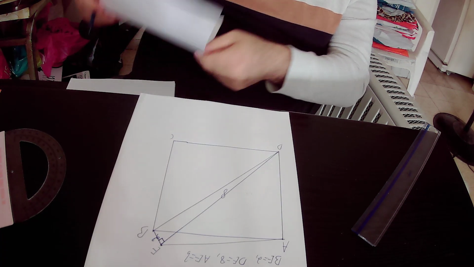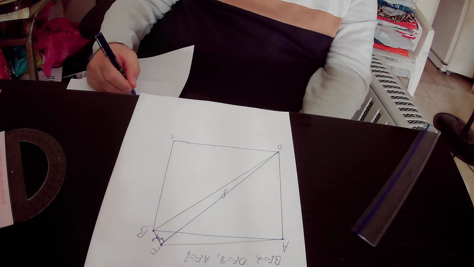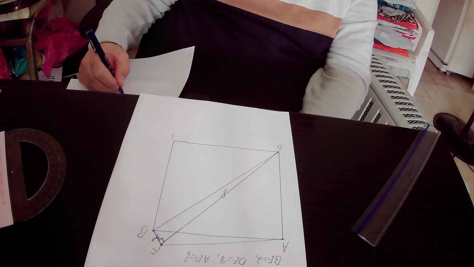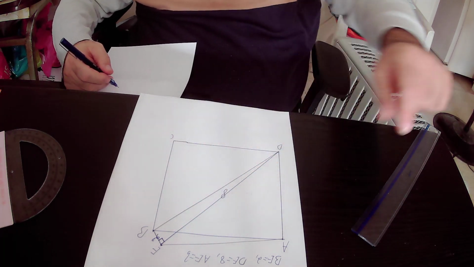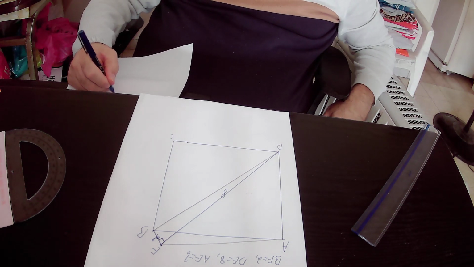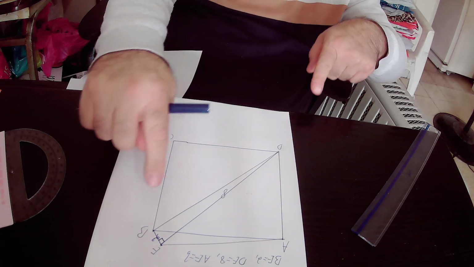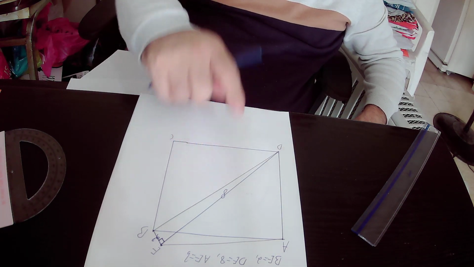So DB square equals EB square. EB equals 2, so 2 square is 4, plus DE square. DE equals 8, so 8 square is 64.